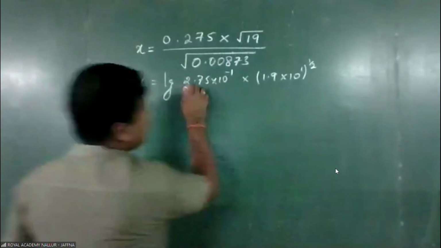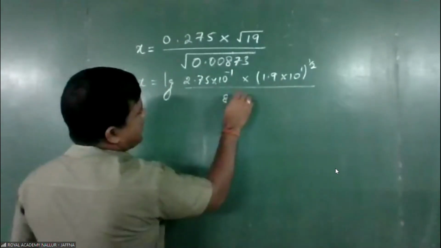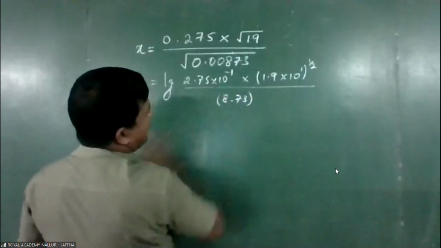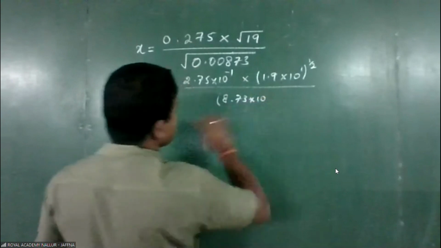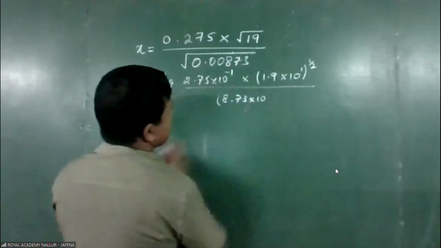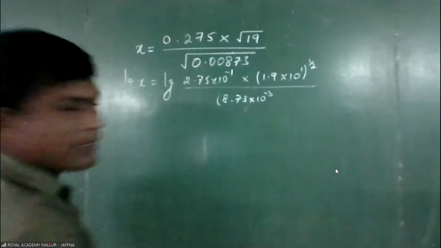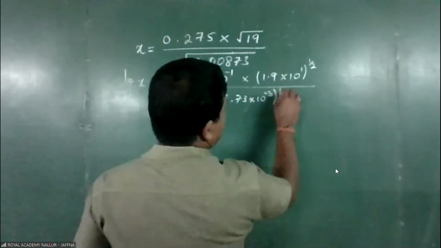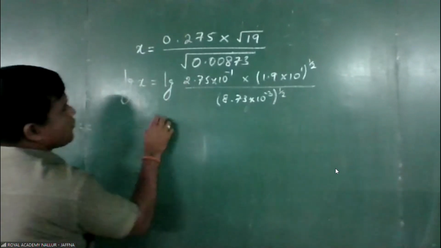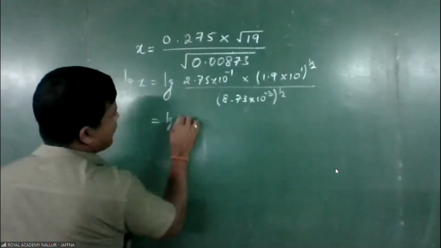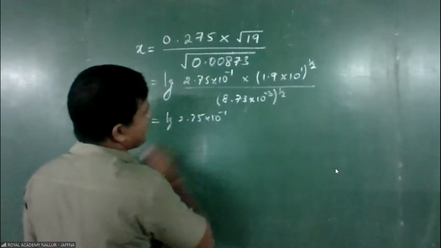Then upon this one also square root, but in scientific notation, 8.73 into 10 to the power. Some places move to the right, that means 3 places, therefore it's -3, right? Then to the power half. When you consider logarithms, separate logarithms: logarithm of 2.75 into 10 to the power -1, clear.